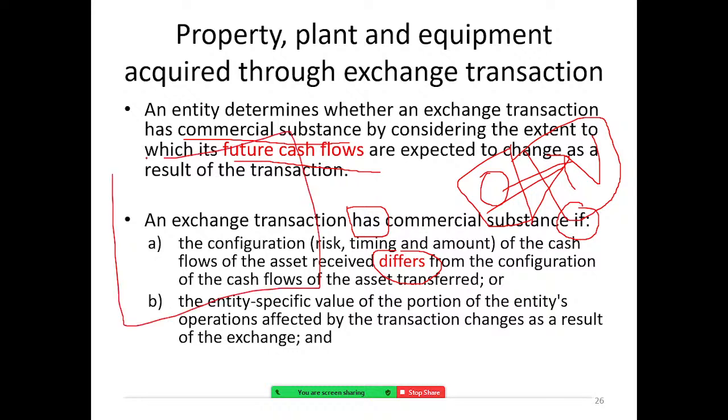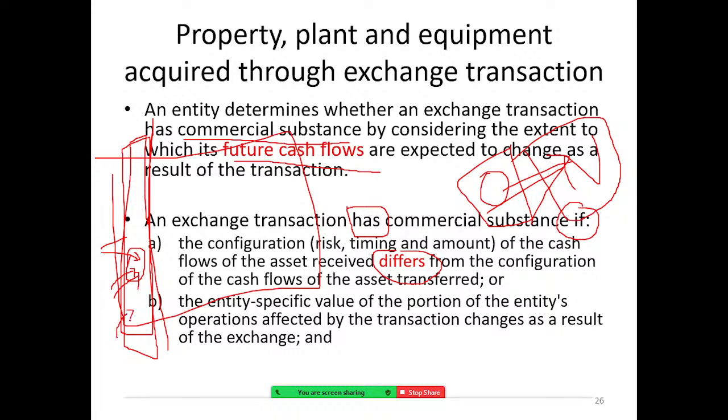So this is the company, this entity, and this is a part of the operations. Now they have exchanged an item, which means they acquired a new machine. Due to the exchange, the entity-specific value of this portion has significantly increased, significantly changed.